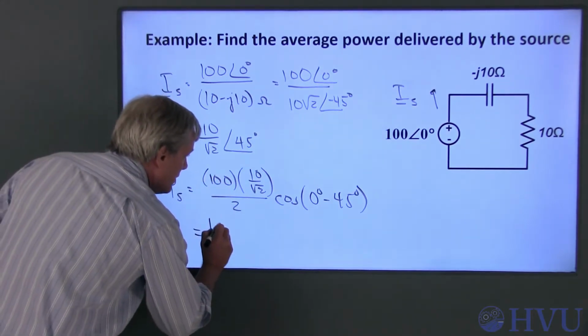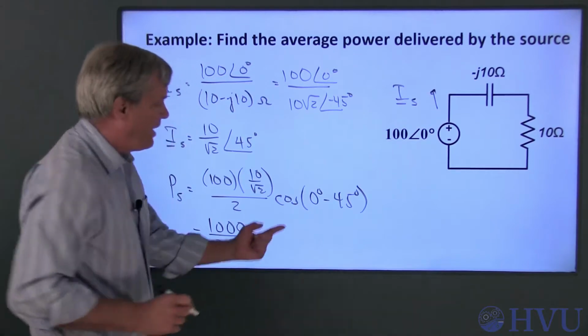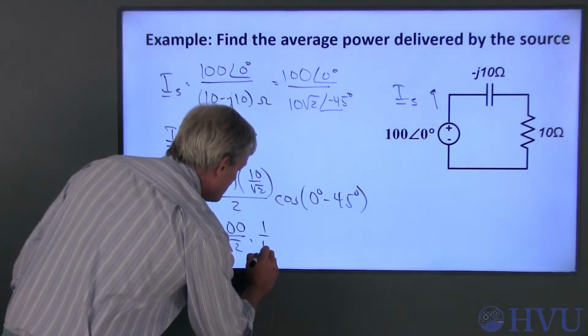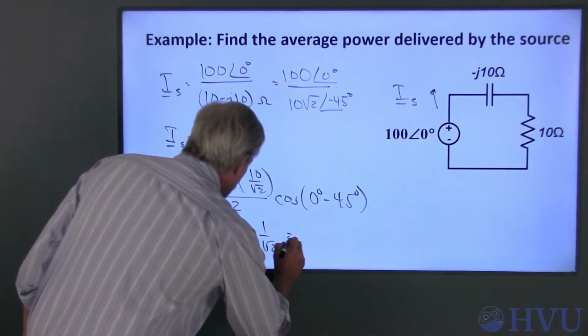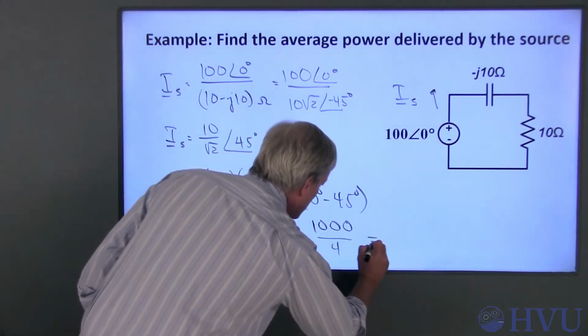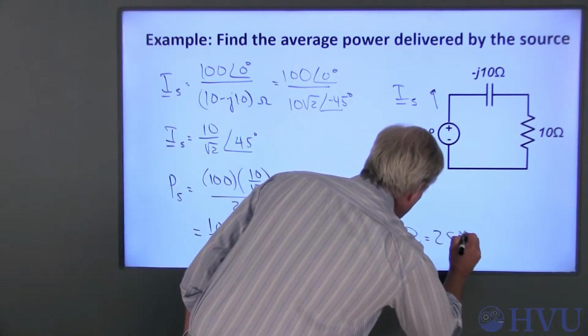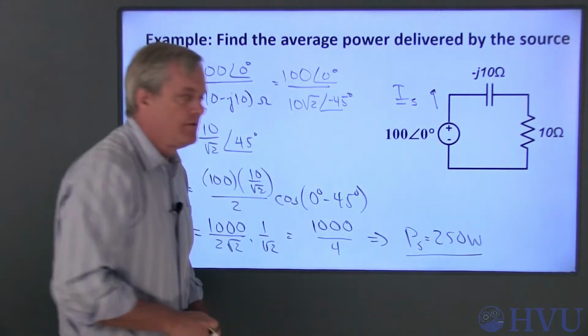This is 1,000 over 2 root 2. The cosine of negative 45 degrees is 1 over root 2. So this becomes 1,000 over 4. And the power delivered by the source is 250 watts.